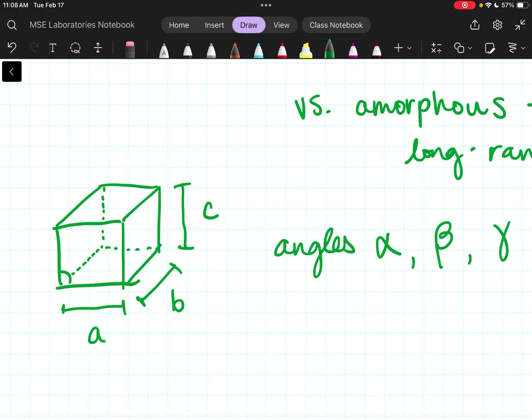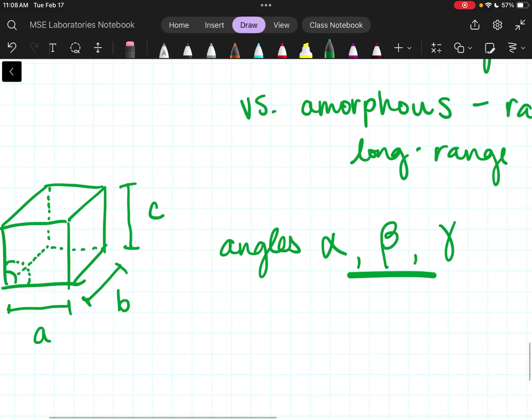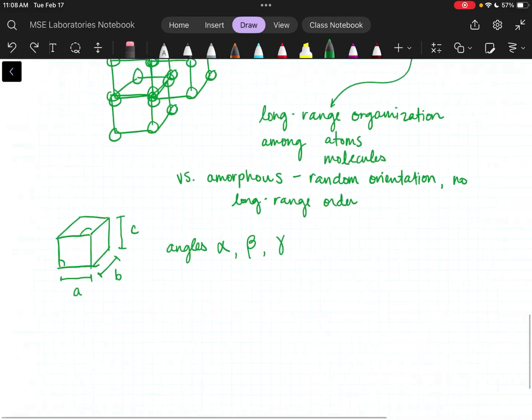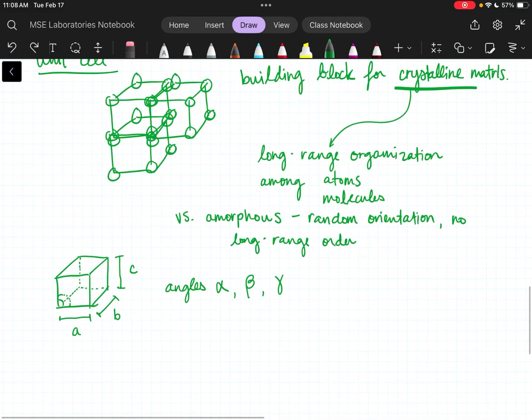So if I were to draw my cube, you have an angle between these two front edges, one there, and then I have the angle here. And I've got alpha, beta, and gamma, is what I call them.